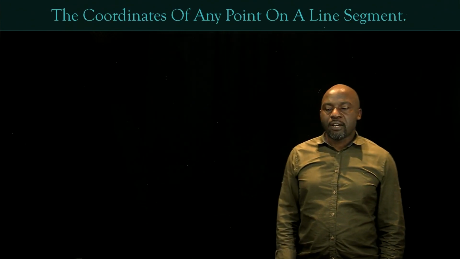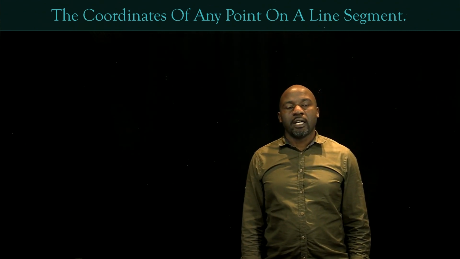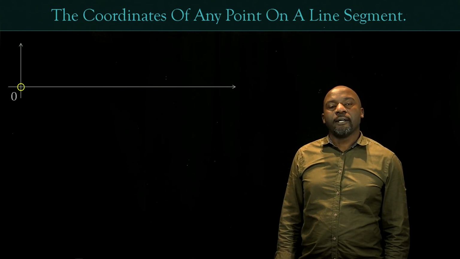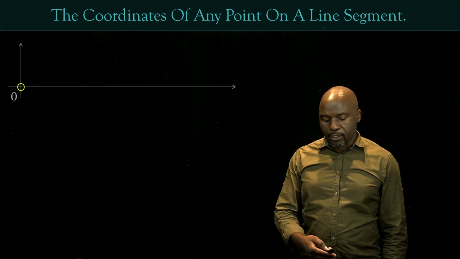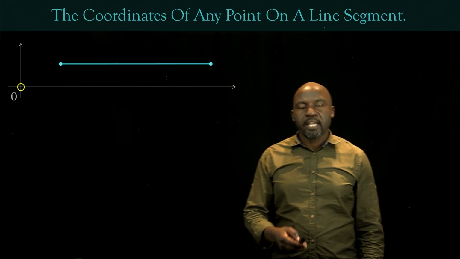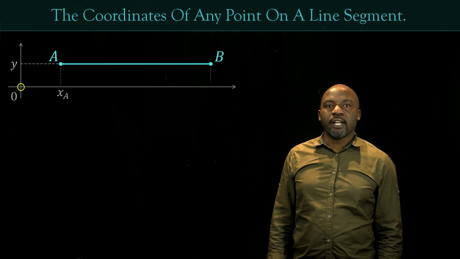Okay, so now let's go straight into finding the coordinates of any point on a line segment. Let's start with the horizontal line. Can we find the coordinates of any point between the points A and B on a line segment?